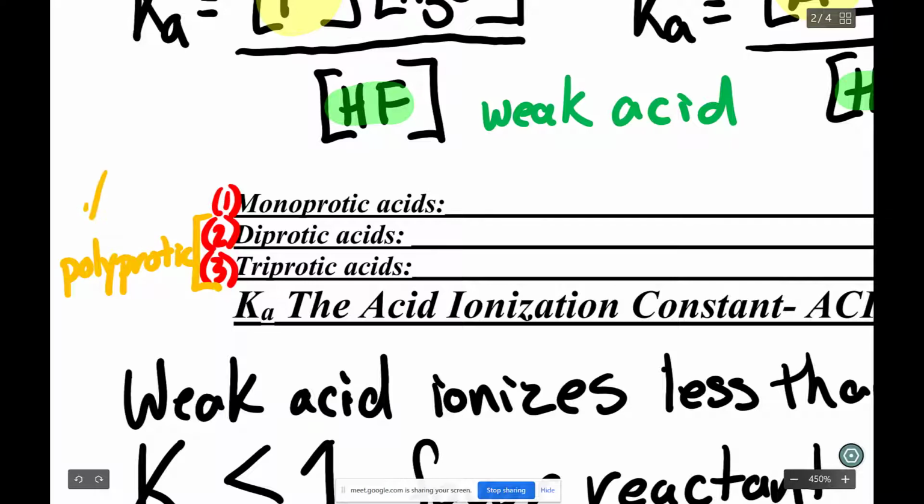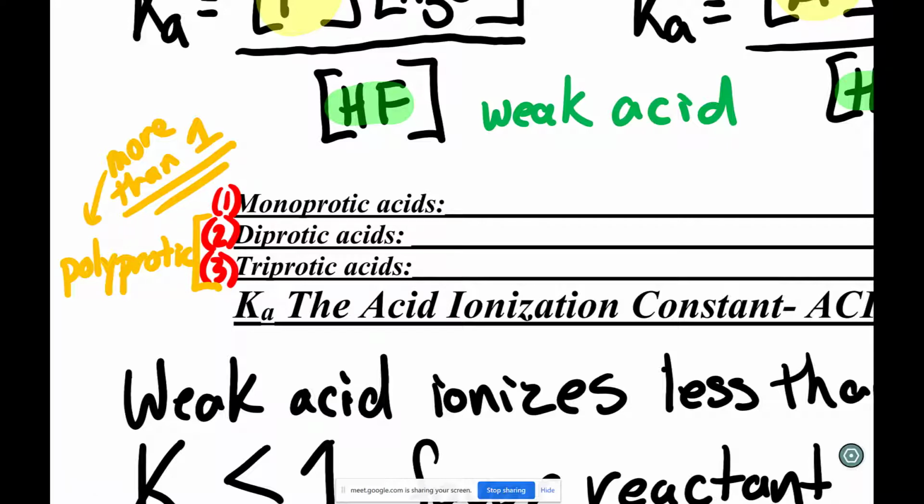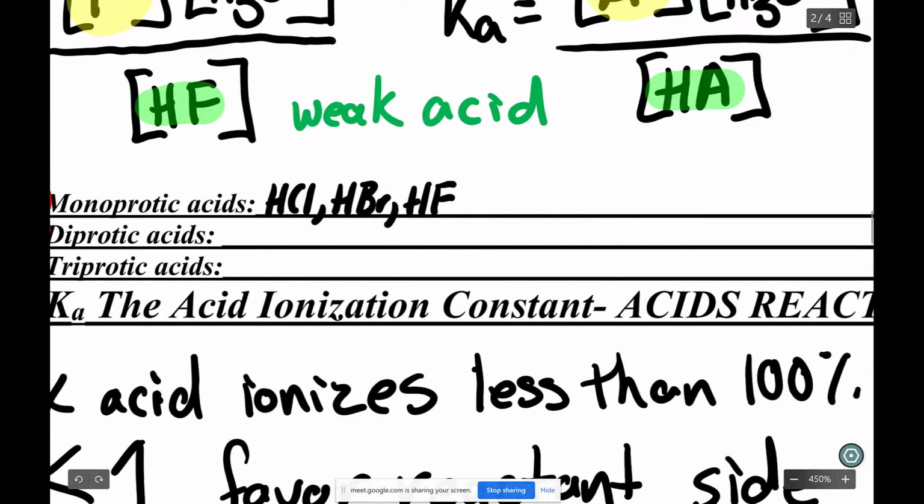Poly, of course, means more than one. Like if you're into polygamy, you would have more than one wife.